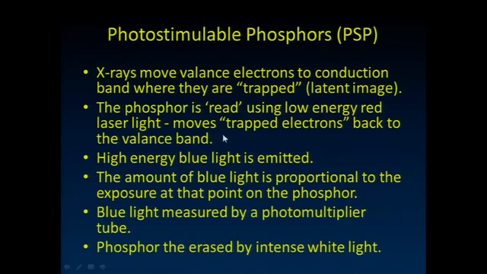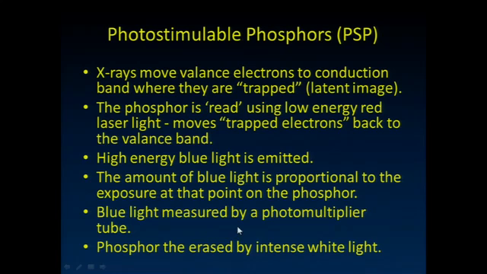I think I've said all of this about photostimulable phosphor, so I don't think we need to go over that again. The thing I want to emphasize at the end here is that the amount of light that gets emitted is proportional to the exposure at that particular point on the plate. So that determines how much light we get there, right, determines how bright that point on the phosphor is going to end up being in the image that we create.